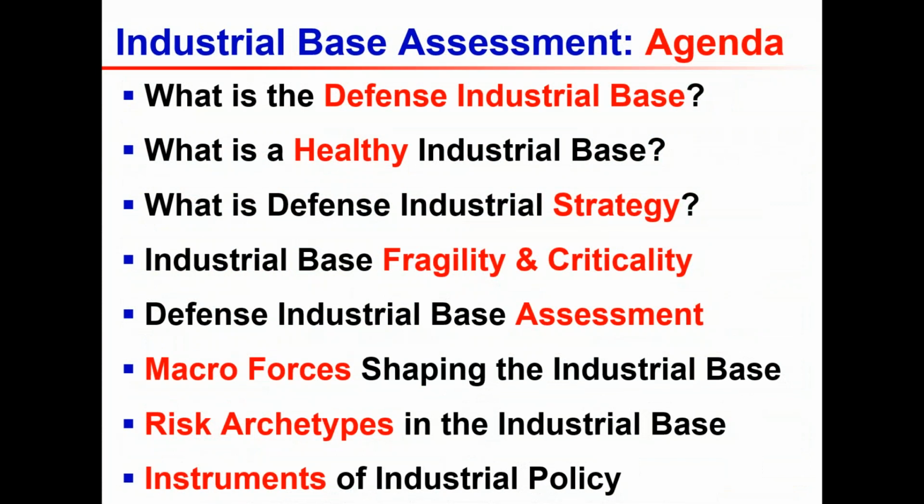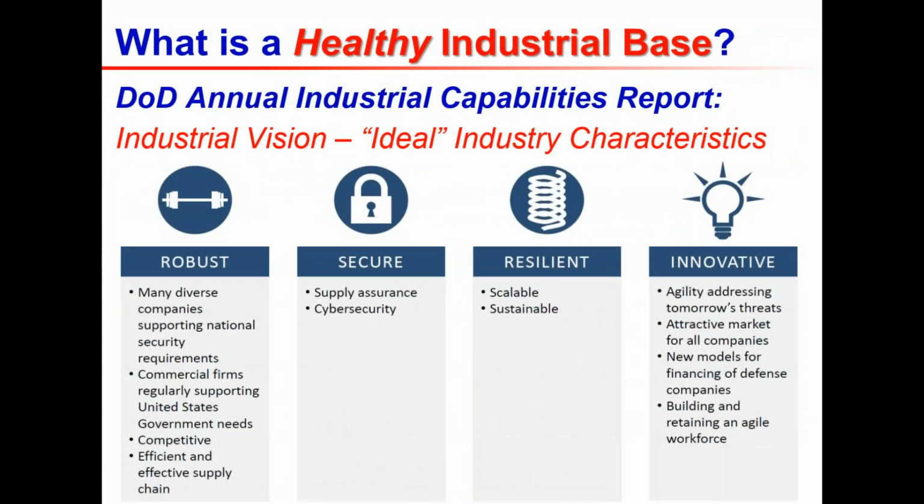So what does it mean by a healthy industrial base, right? As we're trying to assess it, how do we know if it's healthy, and how would we measure the health of the industrial base? Well, we have guidance, of course, from the Department of Defense, and this is from the Department of Defense's latest annual industrial capabilities report. This is where they talked about their ideal industry characteristics, right? The ideal industrial base is one that's robust, right?